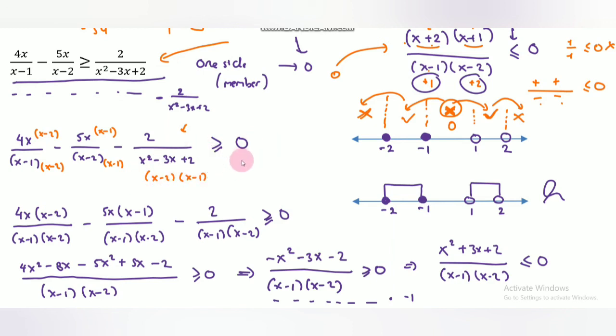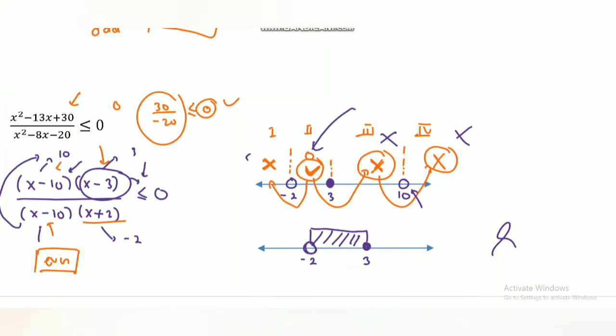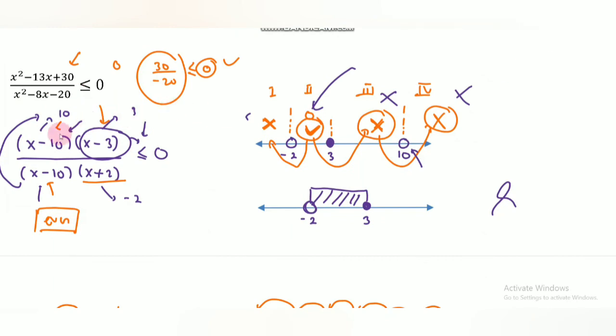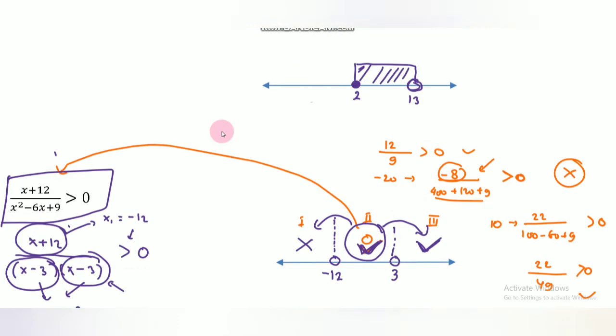And if you can cancel a factor or two because they have the same factors on the numerator and denominator, never do that. Just leave it as complete as possible. Going back to this one, I leave it as complete as possible. I don't cancel x minus 10, x minus 10. No, leave it. I have the same thing on the previous one.